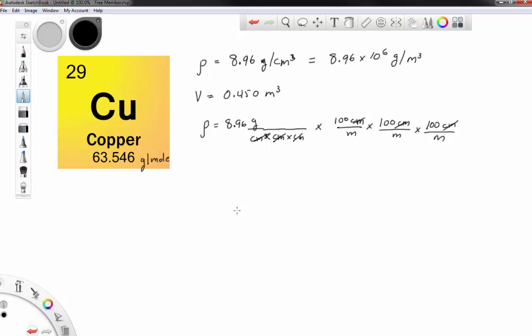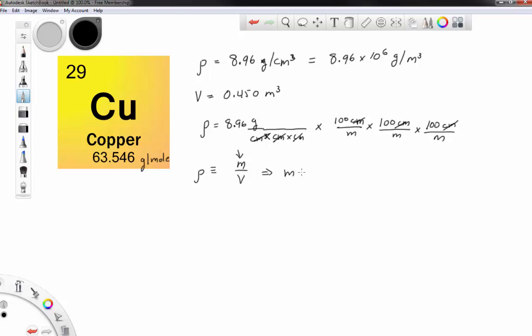The next step is to figure out how much total mass must be in this volume. So that's part of why I converted this over into grams per cubic meter, because in general the density is defined as the mass per unit volume, and the thing that we're given here is a mass per mole. So what we're looking for is the mass of copper that is in this given volume.